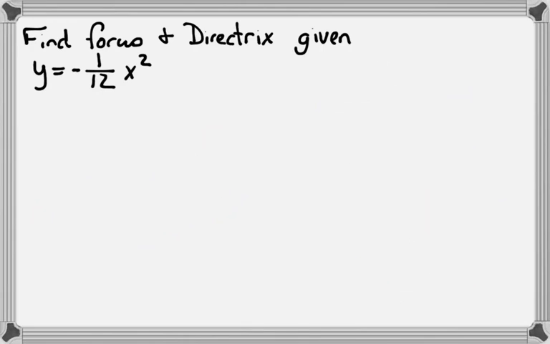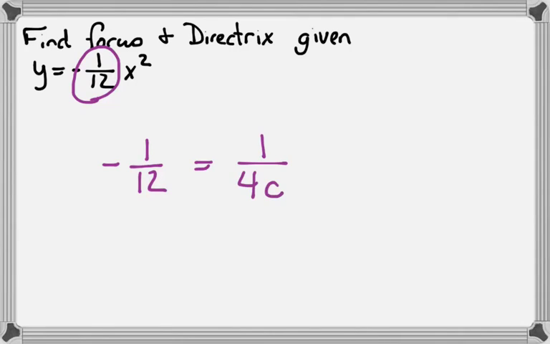Let's go from the equation backwards to find the focus and directrix. Let's identify the pieces we need. We know that negative 1/12 from the problem is equal to 1 over 4c.